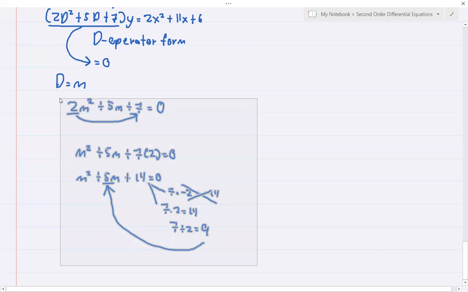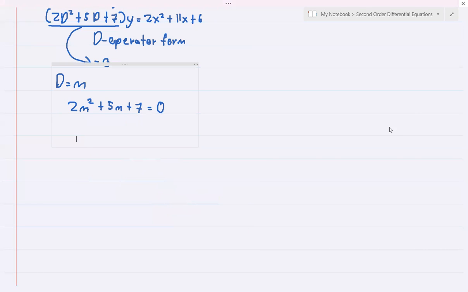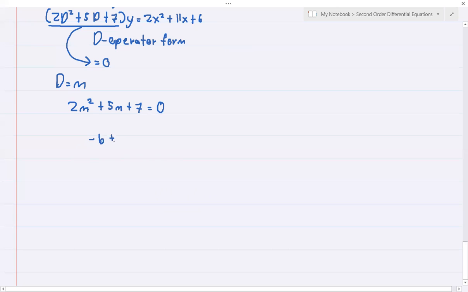I'm going to use instead the quadratic formula. So let me use the quadratic formula. In here, I will have negative b plus or minus square root of b squared minus 4ac, all over 2a. So your negative b, as always, this is your a, this is your b, this is your c.